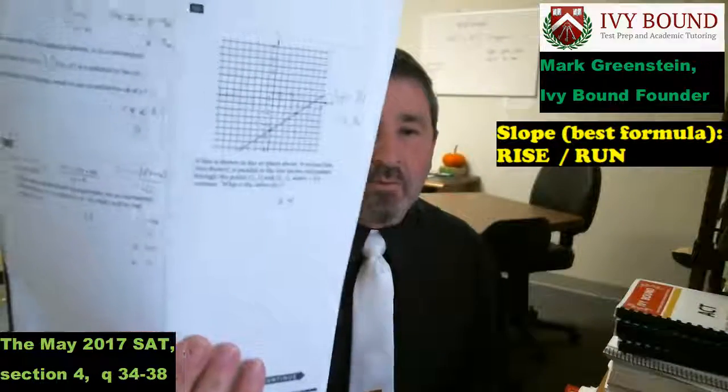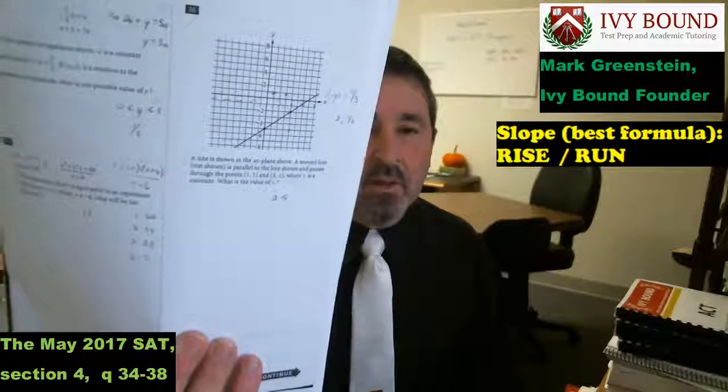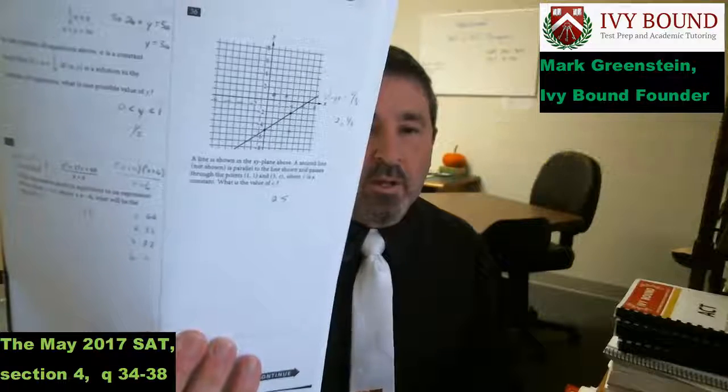And I'll show that graph for everybody who doesn't have the test. The 2 points in that fourth quadrant are rising 3 and running 4. So you have a slope of 3/4. That's the slope of that line. Now, the other line, which passes through 1, 1 and 3, something, would also be going slope 3/4.